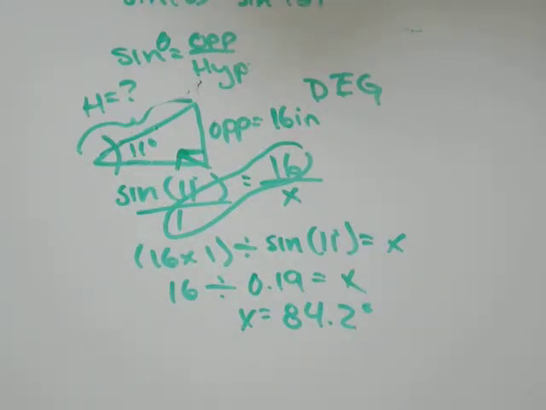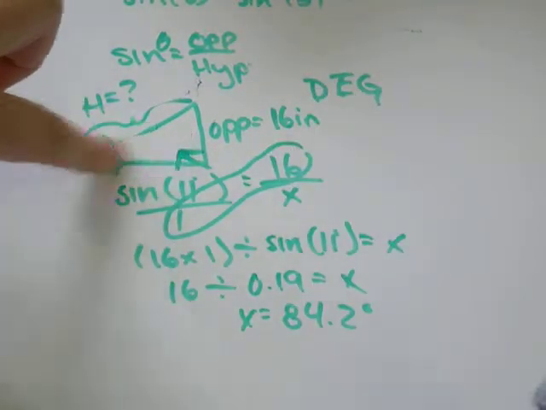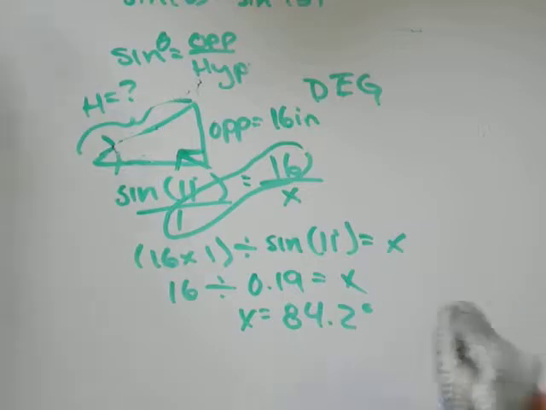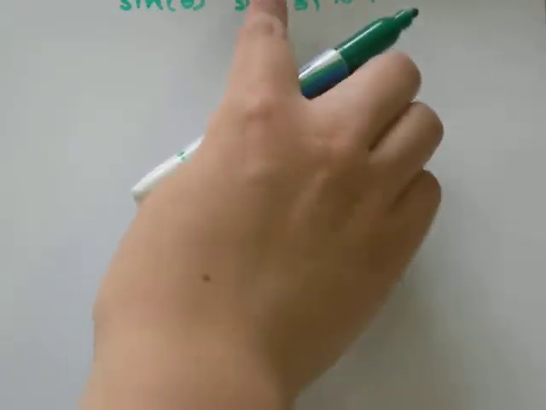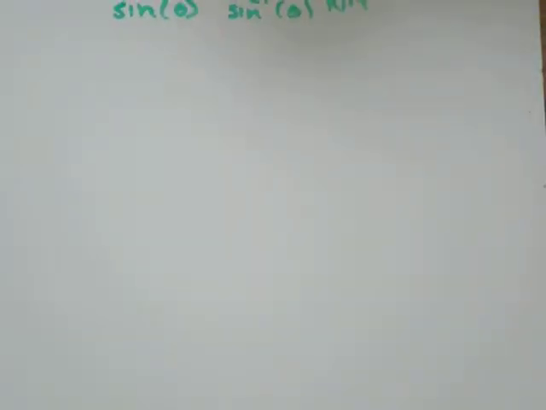The third type of situation you'll get is when they don't tell you what the degree measurement is in the triangle. They'll give you the length of all three sides, and it's up to you to figure out which one's the hypotenuse, which one's the opposite, and then use sine to the power of -1, which is up there.